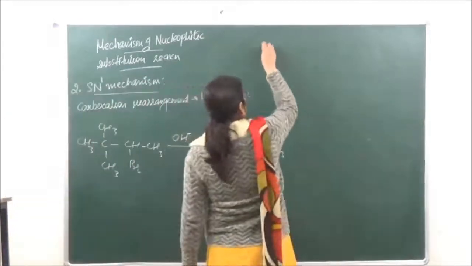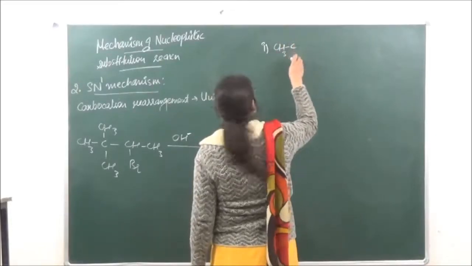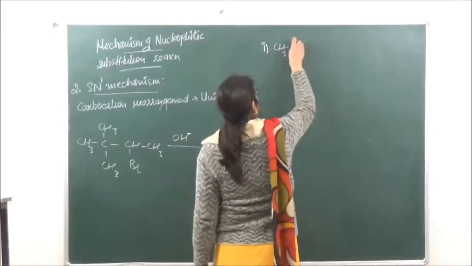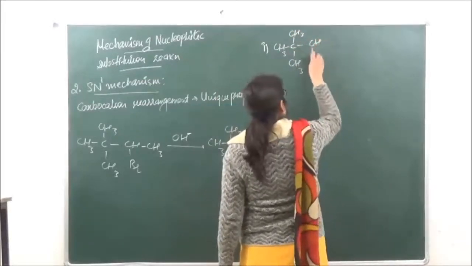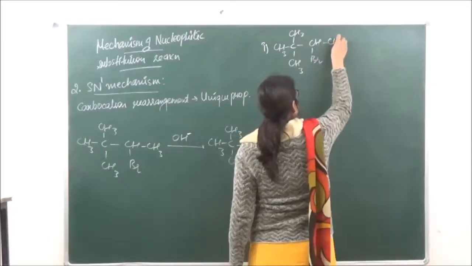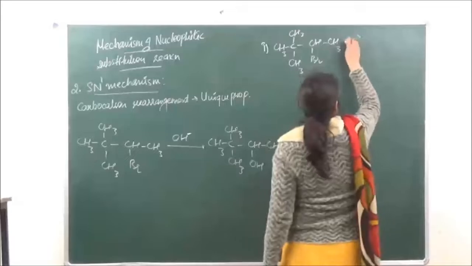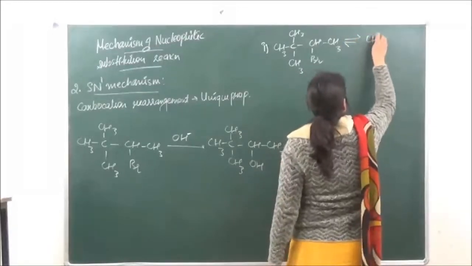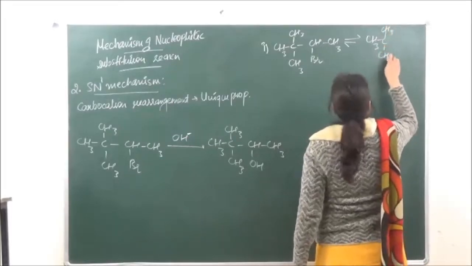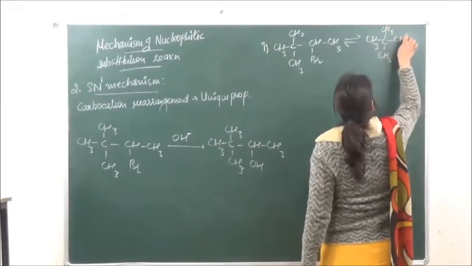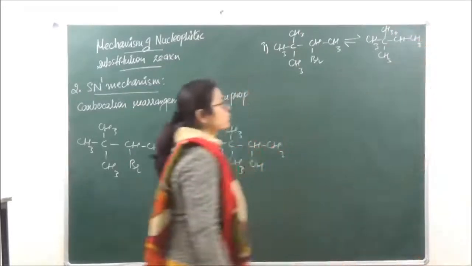So let's go on to the first step of the reaction. We have over here CH3, C, this is the reactant. In the first step, the formation of the carbocation will take place. This is the carbocation which is going to be formed.